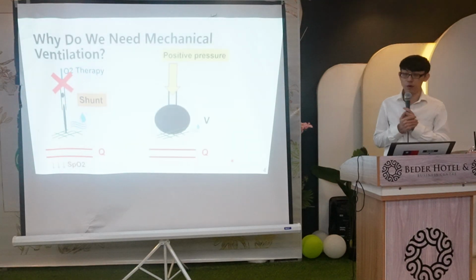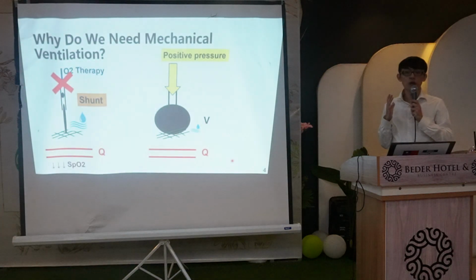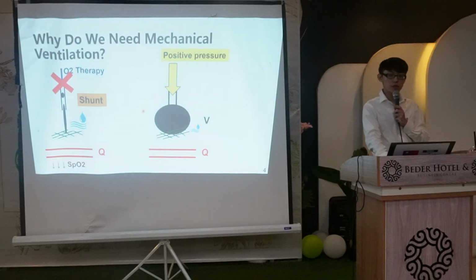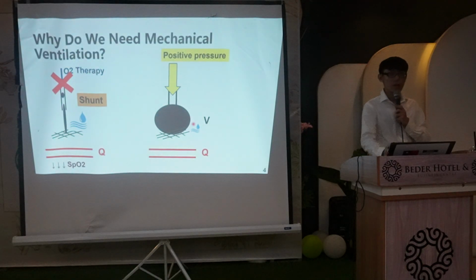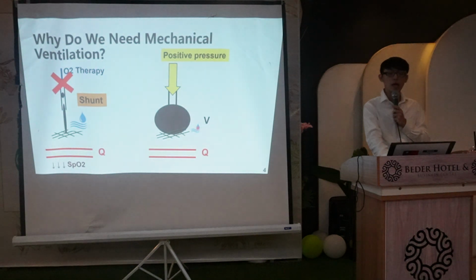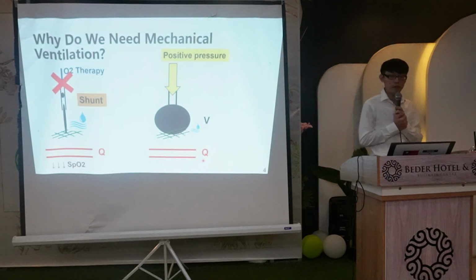We need positive pressure to expand our alveoli first, not just to solve the obstruction or some poor diffusion. We can use positive pressure to redistribute the fluid, or cause the fluid to return back to the capillary, to relieve the pulmonary edema.